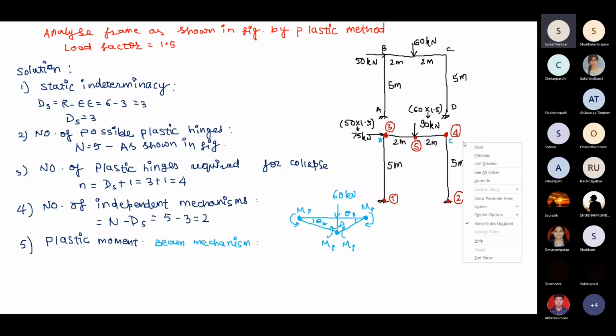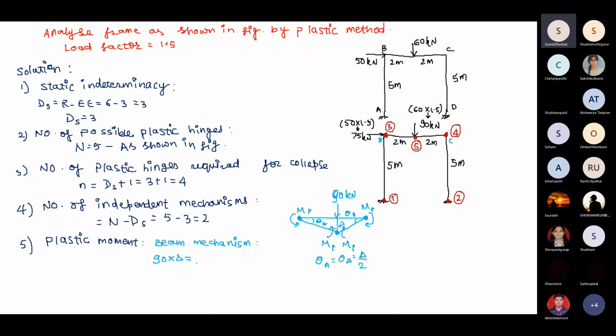We have to take values which are multiplied by load factor. Which is equal to, now we have theta A equal to theta B equal to delta by 2.